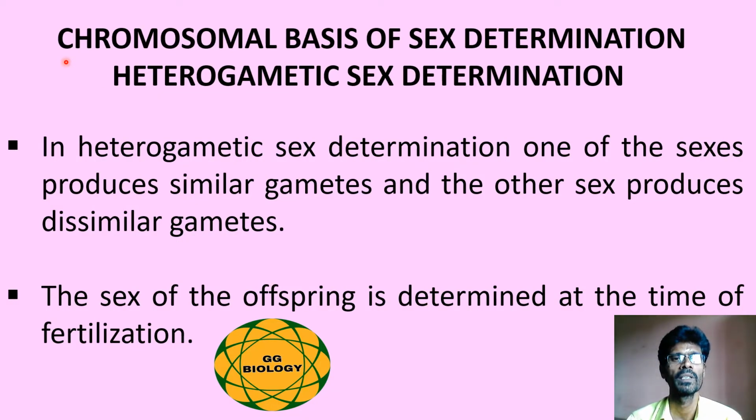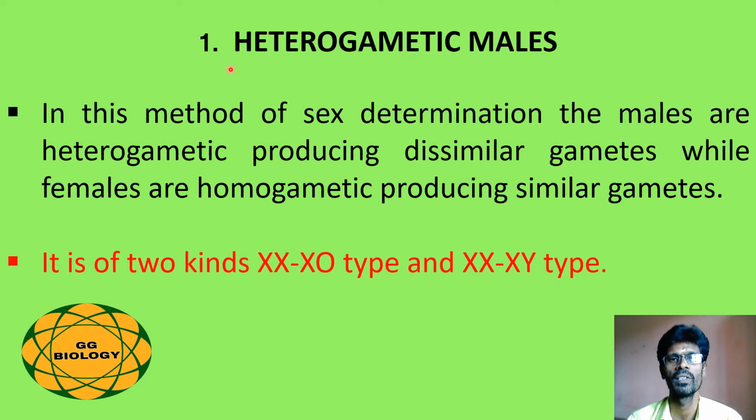The next aspect is the chromosomal basis of sex determination, heterogametic sex determination. In heterogametic sex determination, one of the sexes produces similar gametes and the other sex produces dissimilar gametes. So the sex of the offspring is determined at the time of fertilization. The first type is heterogametic males.